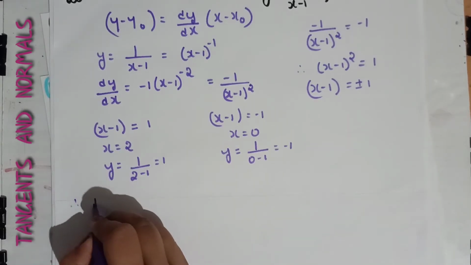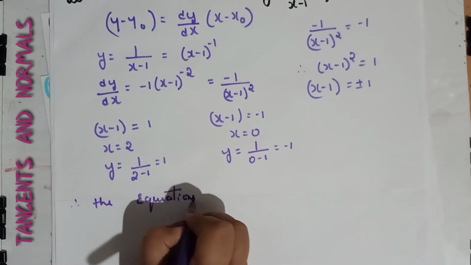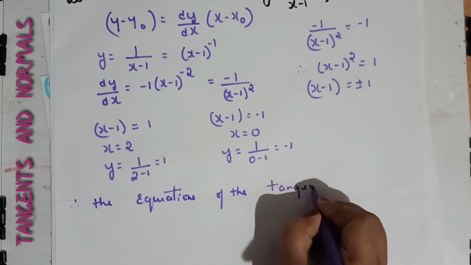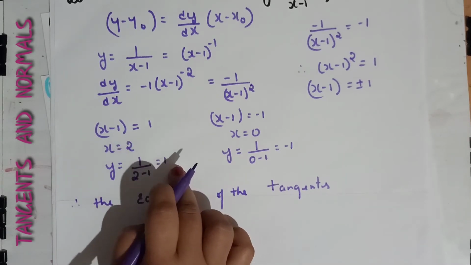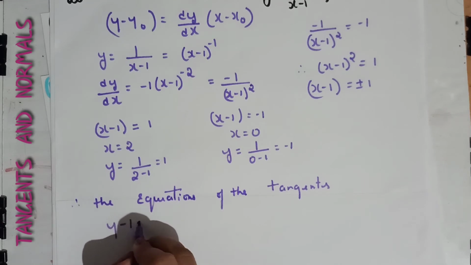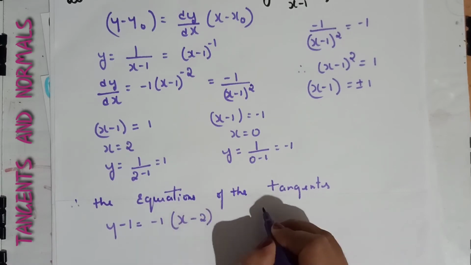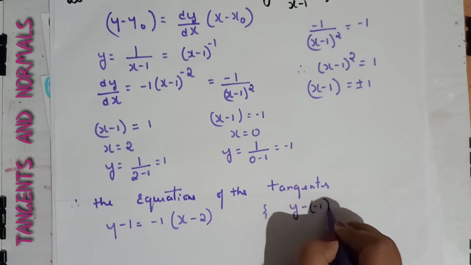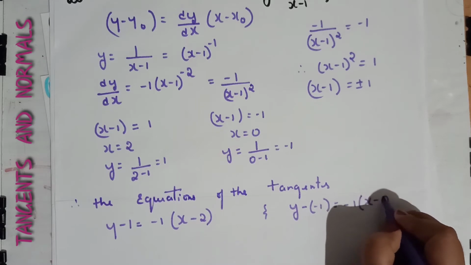Therefore, the equations of the tangents are: when x is equal to 2, y is equal to 1. So we'll write the equation. That will be y minus 1 is equal to minus 1 into x minus 2. And the other equation will be y minus of minus 1 is equal to minus 1 into x minus 0.